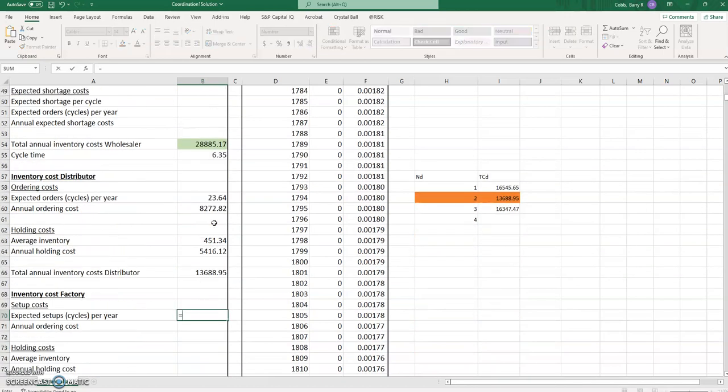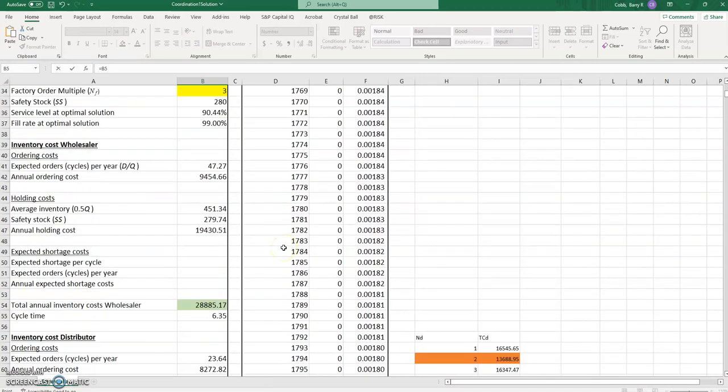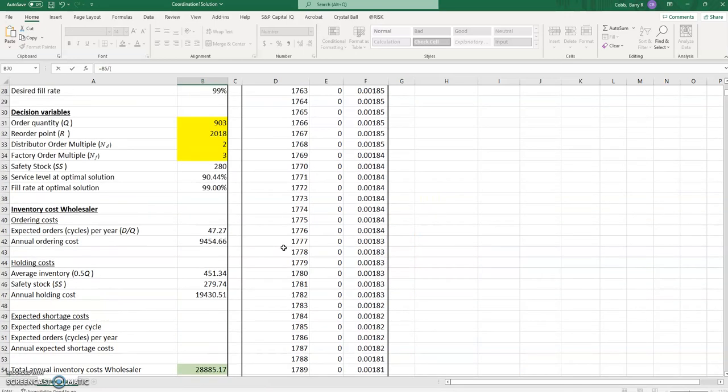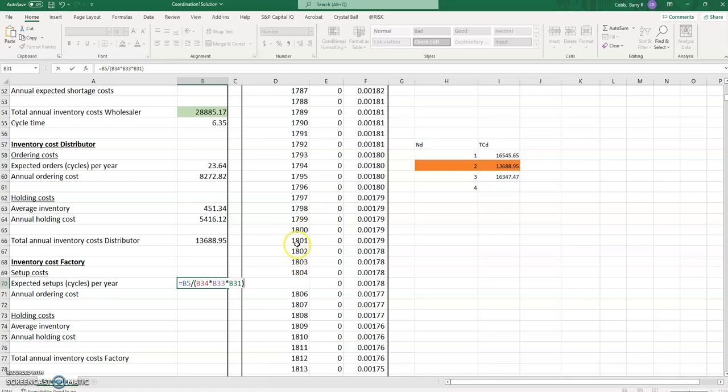So what happens is that the expected cycles per year for the factory is the annual demand, but then that would be divided by the factory multiple times the distributor multiple times the wholesaler's order quantity. The factory may produce fewer batches per year.